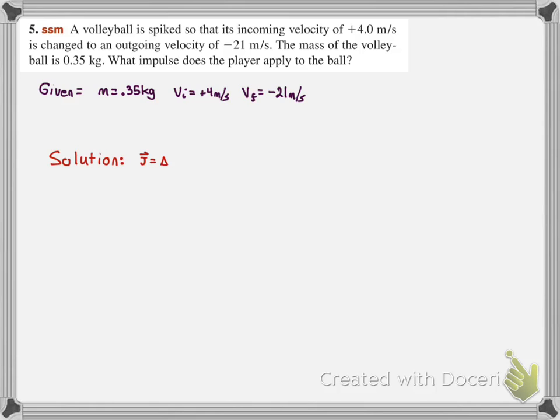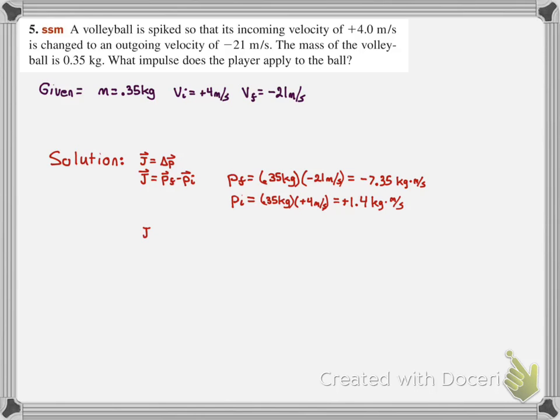So our solution again is to use our impulse equation, which is equal to the change of momentum. So our impulse is equal to our final momentum minus initial momentum. So we're trying to find the final and initial momentum of the ball. The final momentum of the ball is just the mass times the velocity final, and the initial is the mass times velocity initial. Now keep in mind the signs, because these are vectors, it's really important.